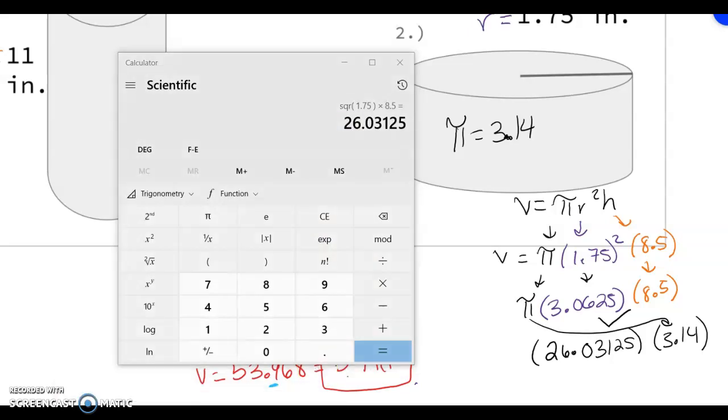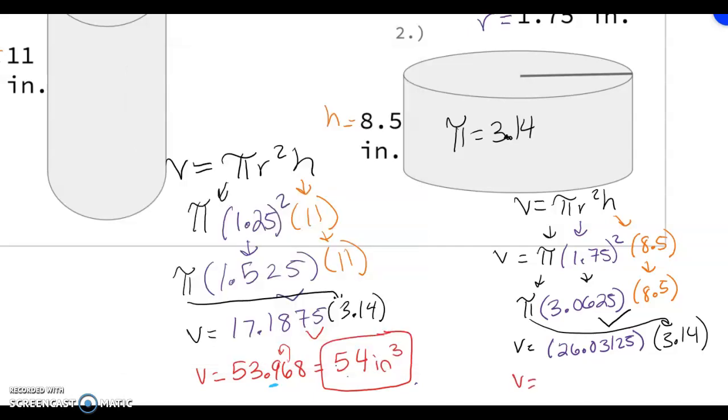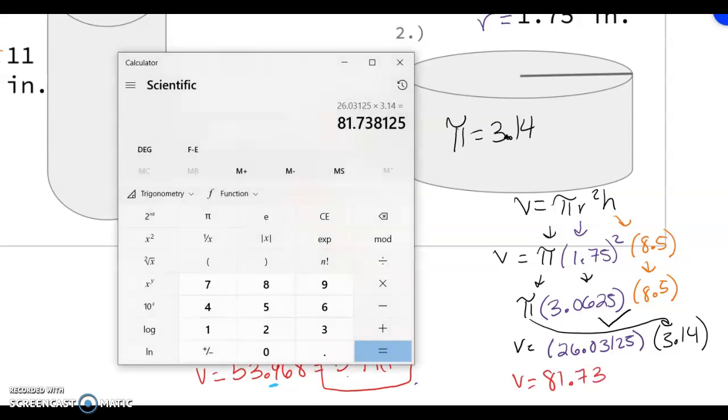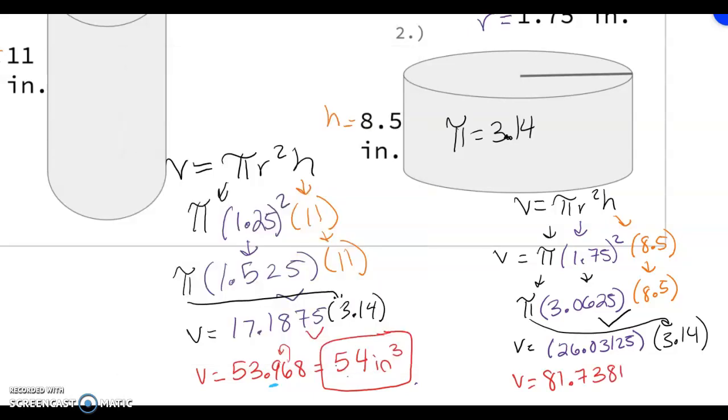So now let's multiply. Multiply by 3.14, and we get 81.738. So we get 81.7381.